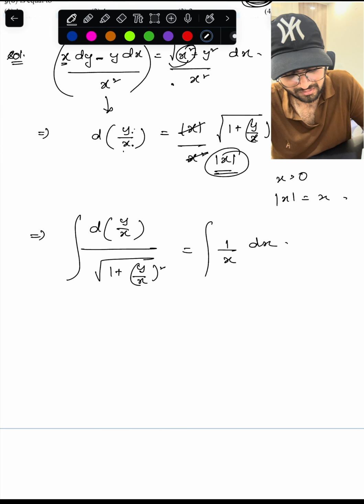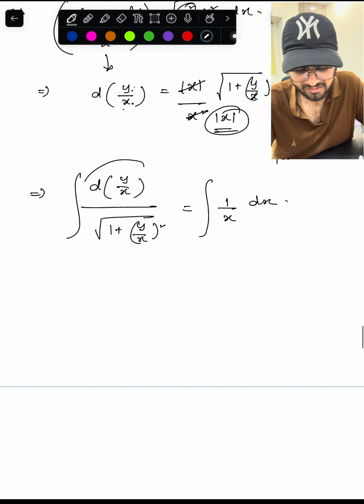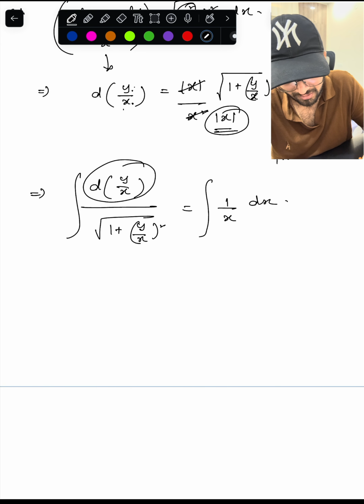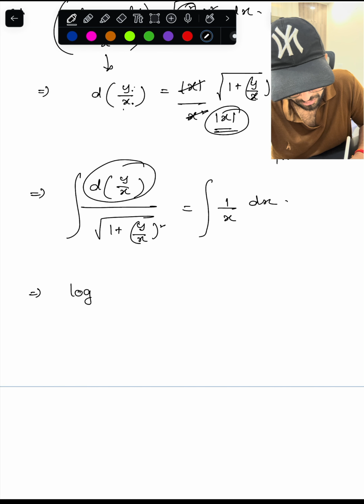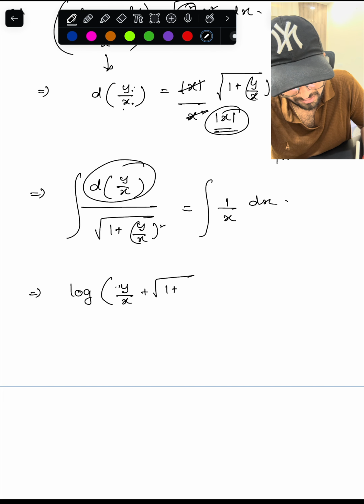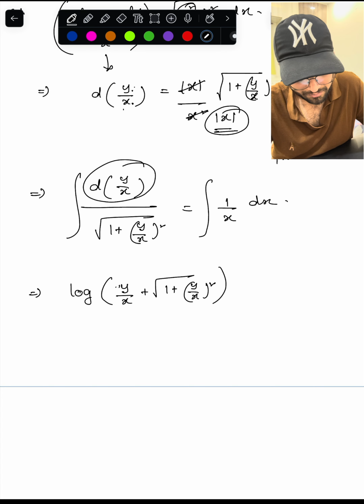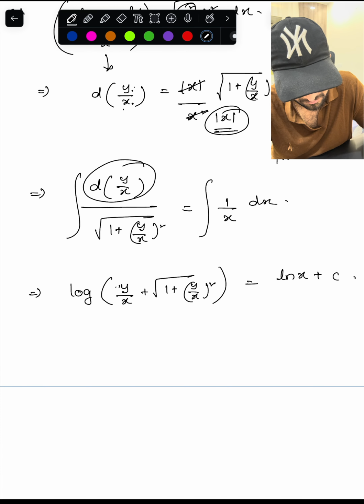Now integrate it. Clearly you can see it is of the form dt by root of 1 plus t square. So what is the integration of 1 by root of 1 plus t square dt? It is log of t plus root of 1 plus t square. Here t means y by x. So log of y by x plus root of 1 plus y by x whole square equals integral of 1 by x dx, which is log x plus c.